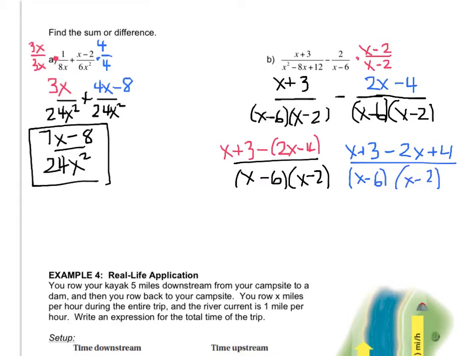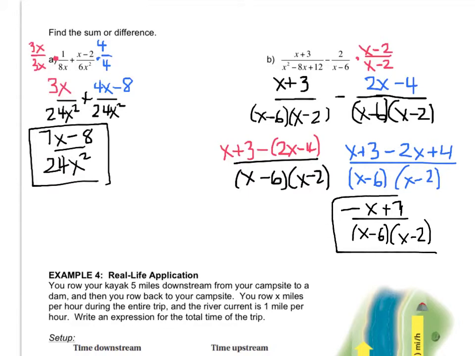When you combine your terms in the numerator, you get negative x plus 7 over x minus 6 times x minus 2. And neither of them have anything that I can divide out, so that's what we got. If you wanted to, you could multiply these back, but there's no reason to, so why do the extra work?